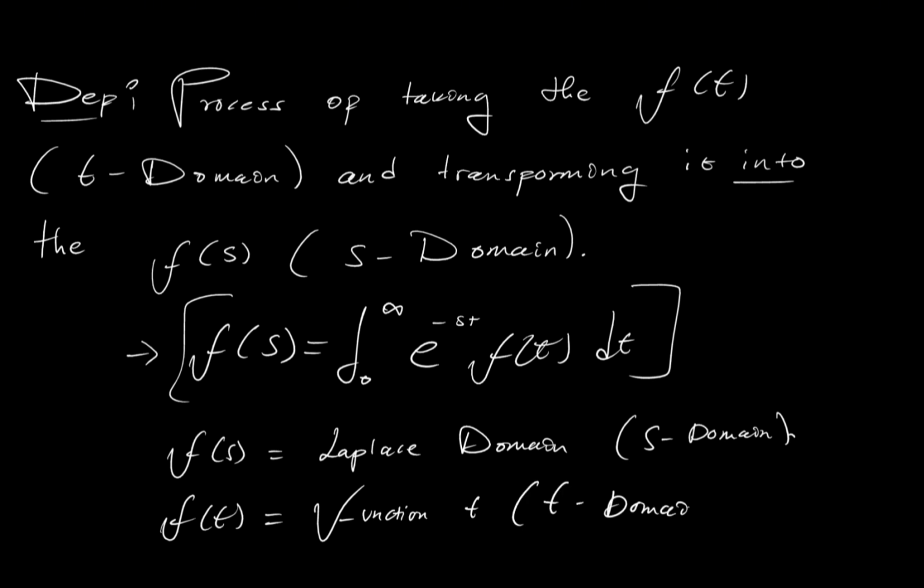If you want, you can say that F of s is the function of s, which is the Laplace domain, and f of t is the function of t, which is just the t domain. So be mindful that the Laplace transformation is the process of taking the f of t, which is the t domain, and transforming it into the f of s, which is the s domain. And this is the definition. With this said, I want us now to look at the proofs we can have under Laplace transformation.